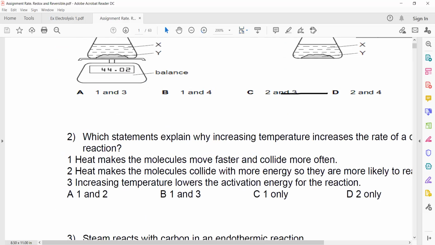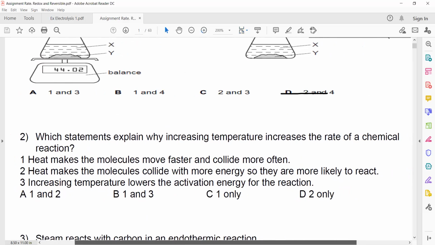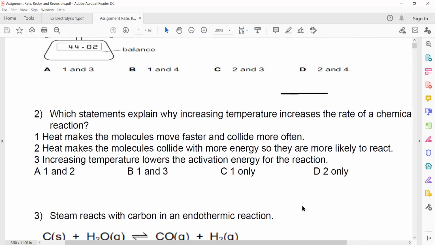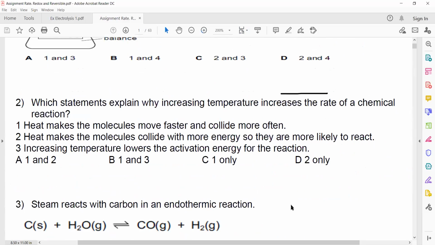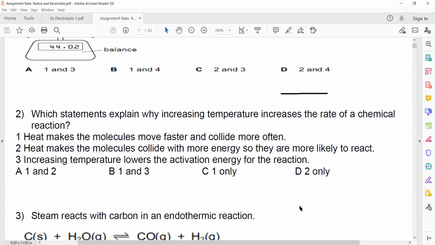Question 2. What could be the answer? Which statement explains why increasing temperature increases the rate of a chemical reaction? So heat makes the molecules collide more often.